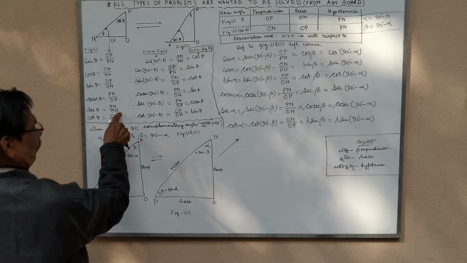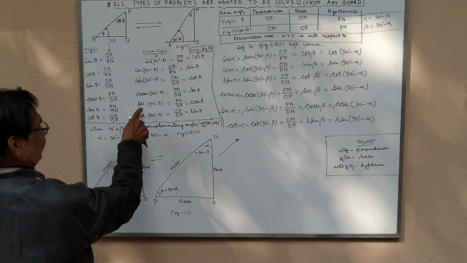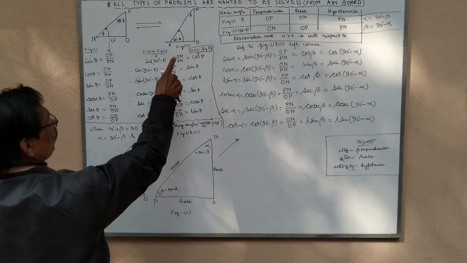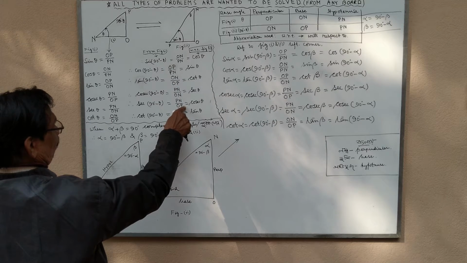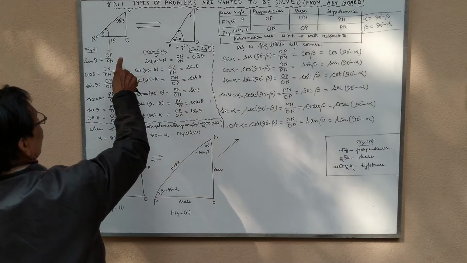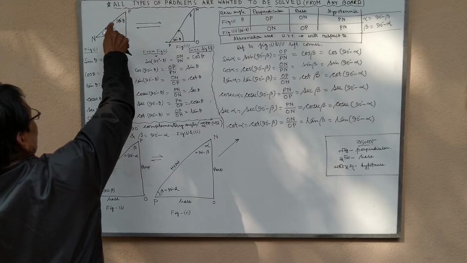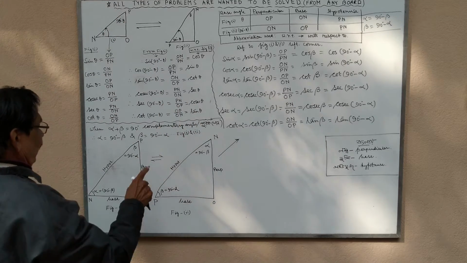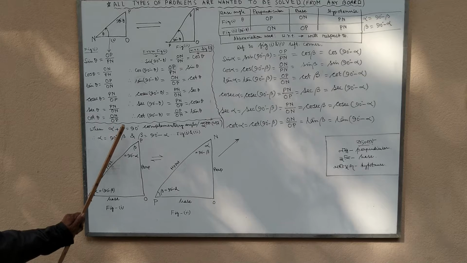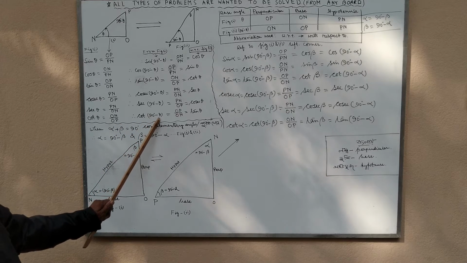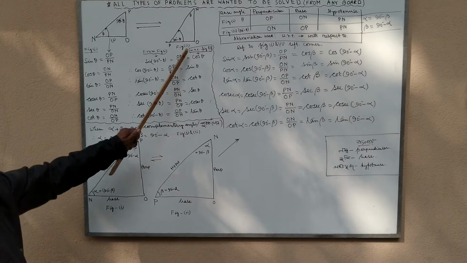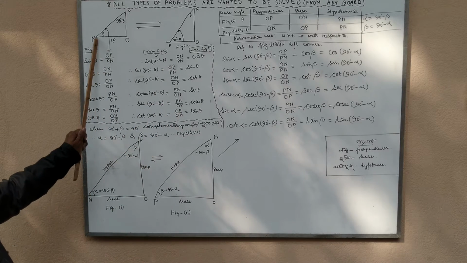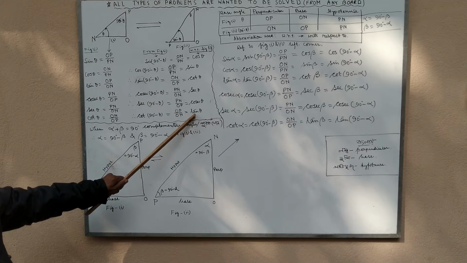This is hypotenuse by perpendicular, it is cosec theta, and cot theta equals ON by OP. So cot 90 degree minus theta equals OP by ON, and OP by ON with respect to this figure is tan theta.